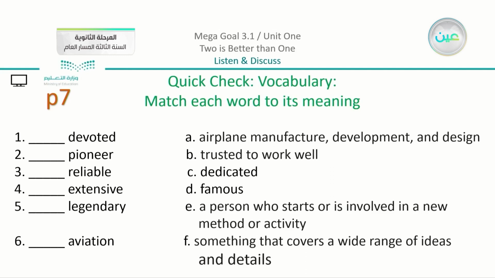He or she started or is involved in a new method or activity. Sometimes you can just highlight the words person and activity and join them together. F, the last one, is something that covers a wide range. Just keep in mind the word wide.